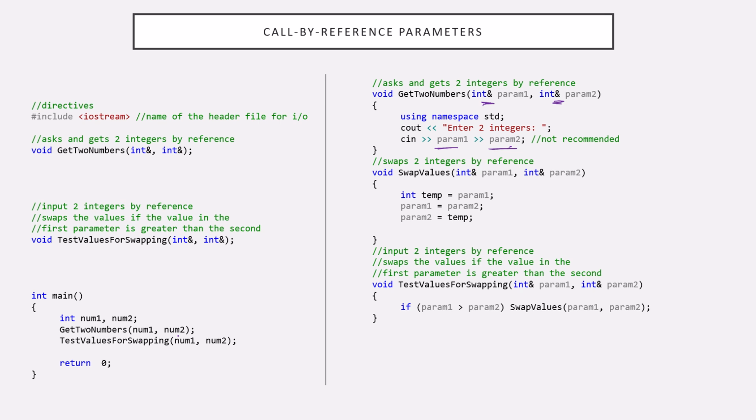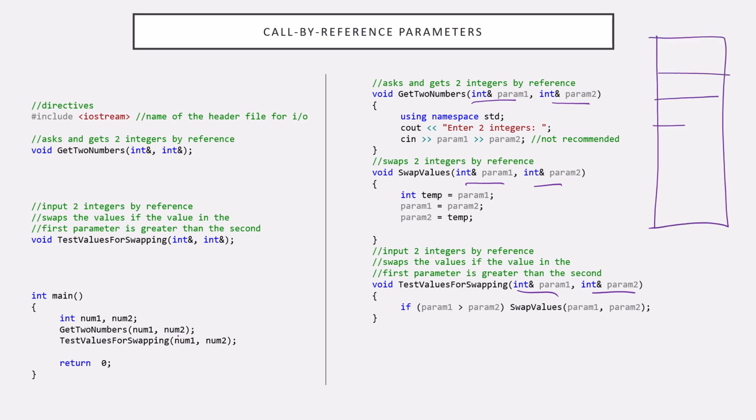So it's the same areas in memory. All of these functions are getting the same areas in memory. This one and this one are all pointing to the same locations in memory where num1 and num2 are.